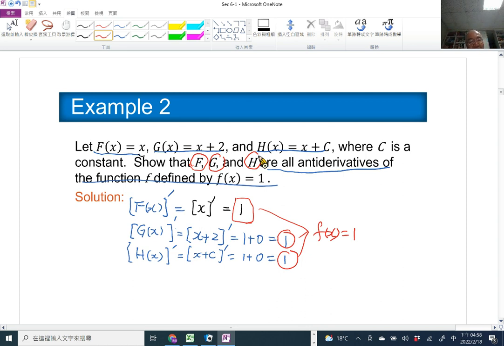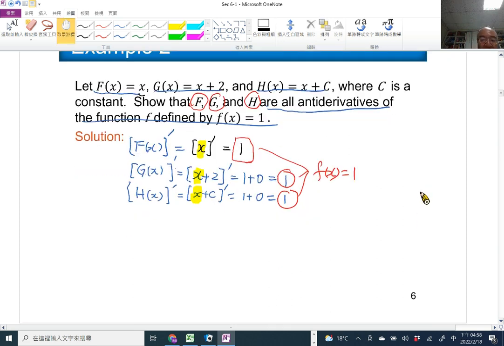As long as the functions have the same core part, we think of the x as the core, and even though their plus constants are different, they all have the same differentiation result. So all of them are antiderivatives for the function we were given at the very beginning.